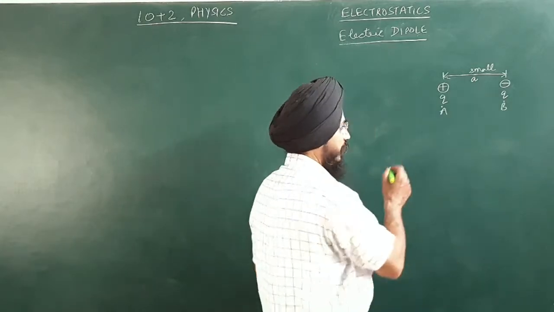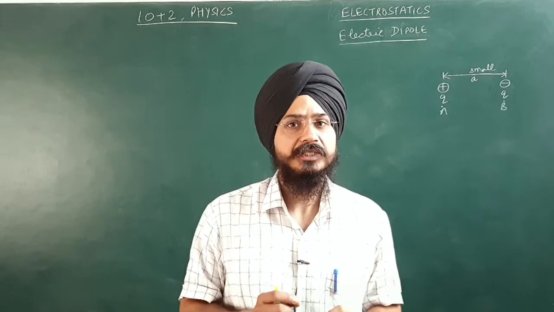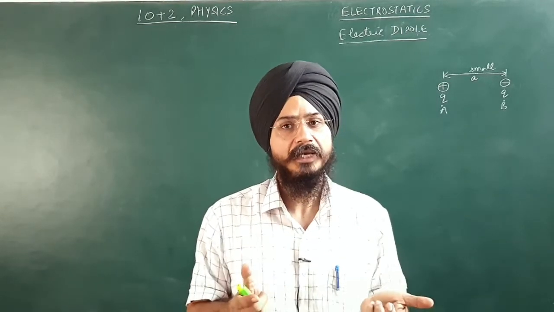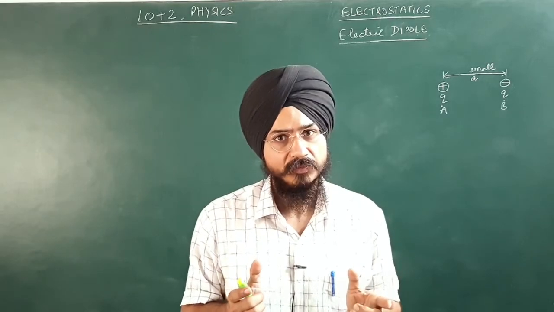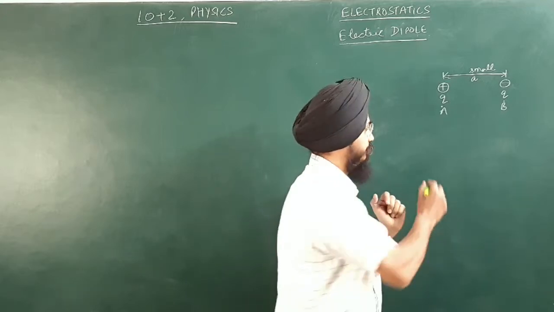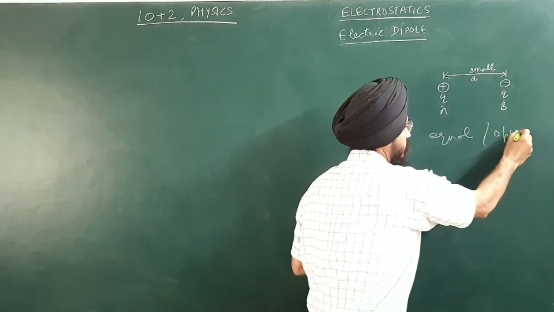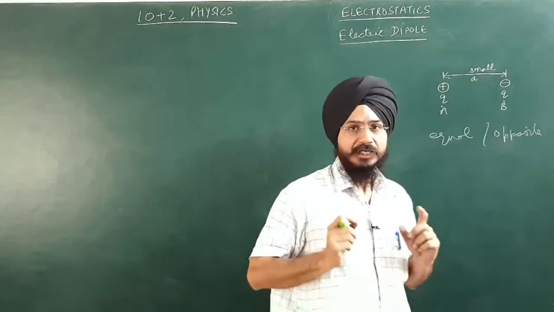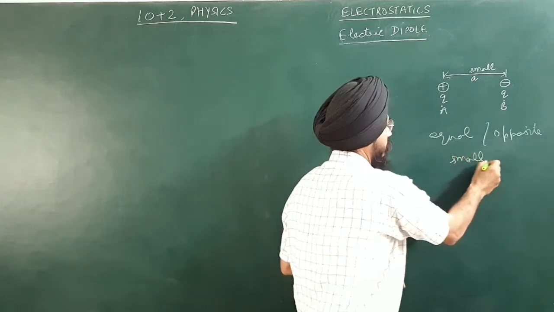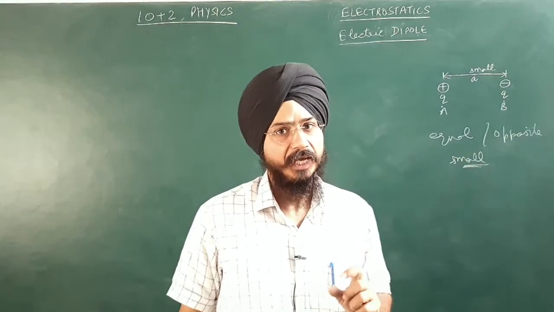So a system of two equal and opposite charges which are separated by a small distance is called an electric dipole.